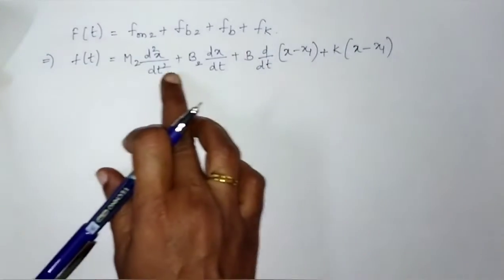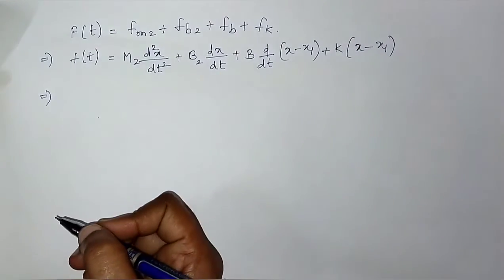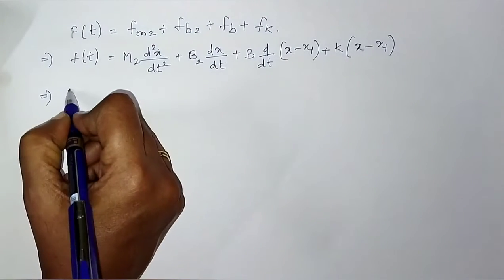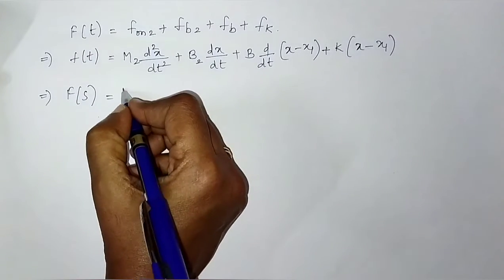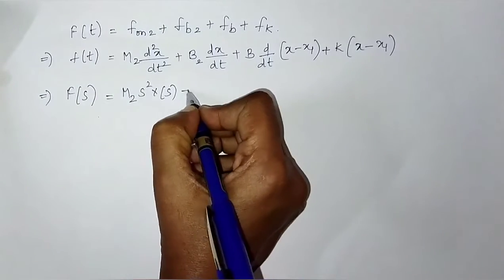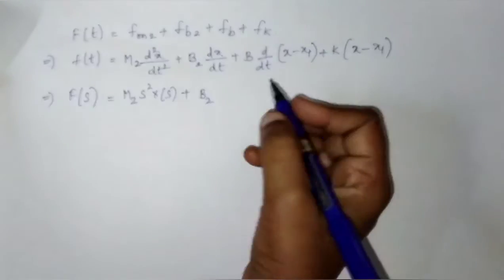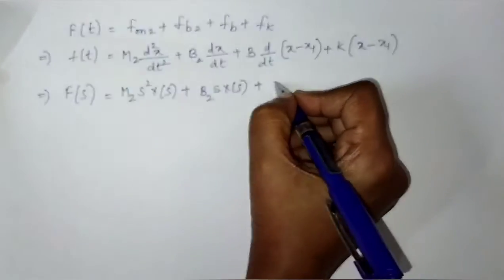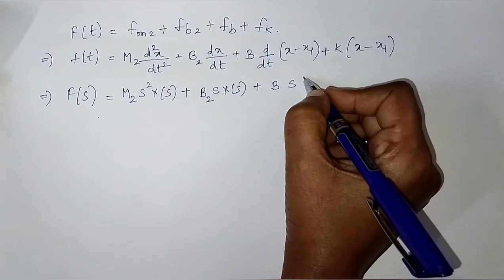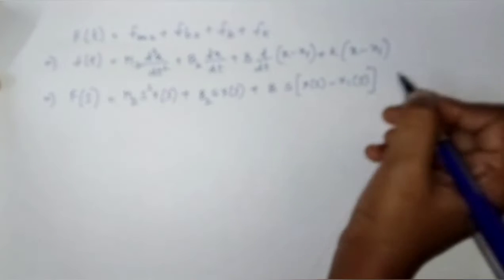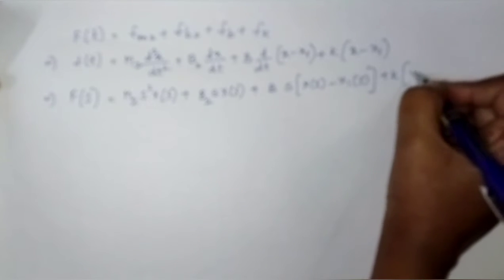Now this is in t domain. Let's convert it into s domain now. So F of s equal to m2 into s square into x of s plus b2 into s into x of s plus b into s into x of s minus x1 of s plus k into x of s minus x1 of s.